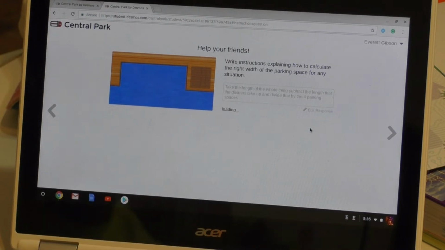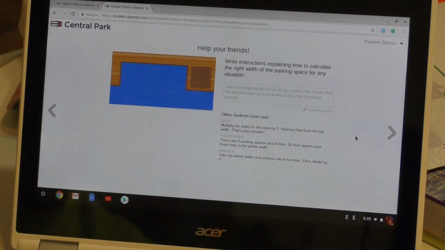Alright, submit that. Let's see what people said. Multiply the width by 3, subtract it from the full width. That's your answer. 4 parking spaces, 3 lines. C, 4 spaces with 3 lines, so on and so forth.